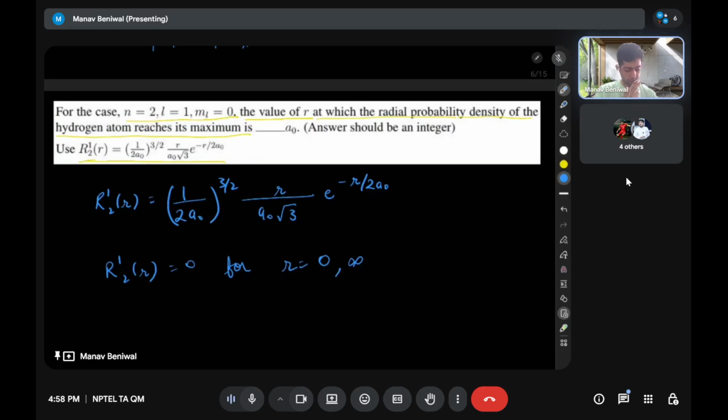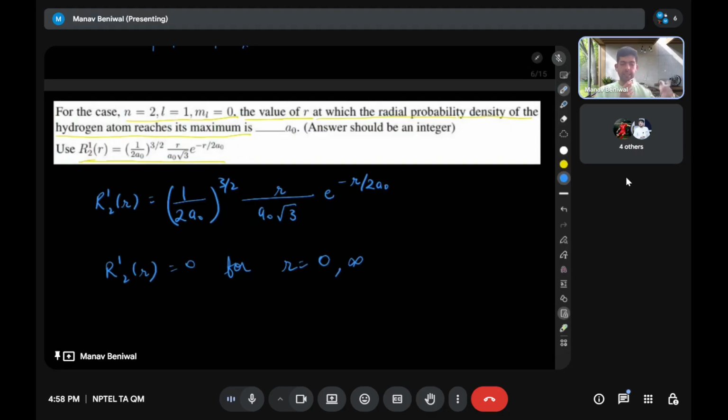So one is coming when this term goes to 0 and the other when this term goes to 0. This term goes to 0 when r is 0. This term goes to 0 when r is infinity. Also note that r is in polar coordinates, so r is always greater than or equal to 0, right? It does not have any negative values. That is how polar coordinates are.